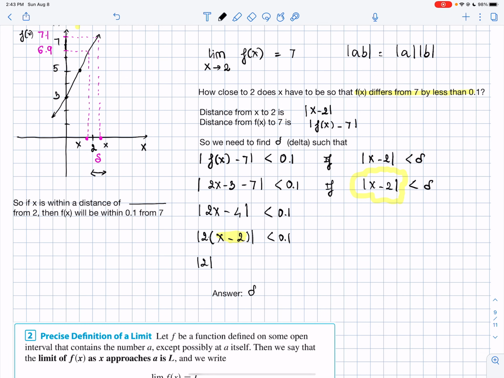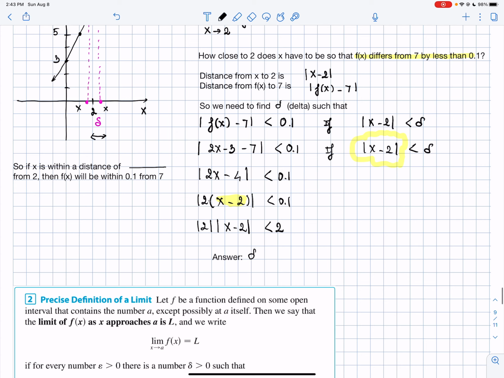So I'm going to separate the 2 and the x minus 2. So absolute value of x minus 2, times the absolute value of 2, which is 2, less than 0.1. Then I will divide both sides by 2. So 0.1 divided by 2, I will get 0.05. So compared with what we want, the delta has to be 0.05.